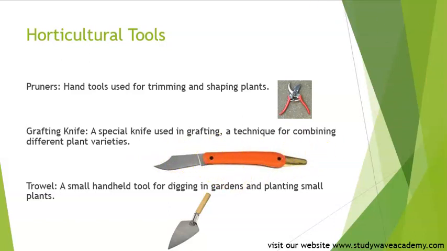Okay? Next, trowel, a small hand-held tool for digging in gardens and planting small plants. So this is called a trowel. So these tools are used in gardening. Okay?